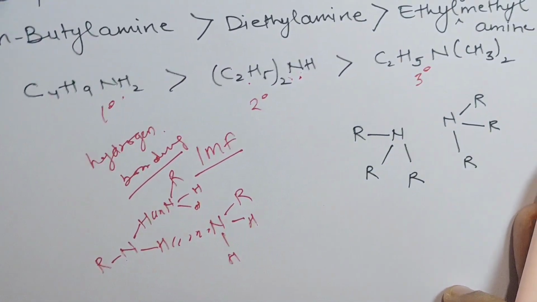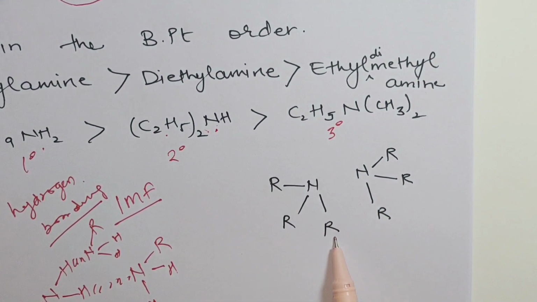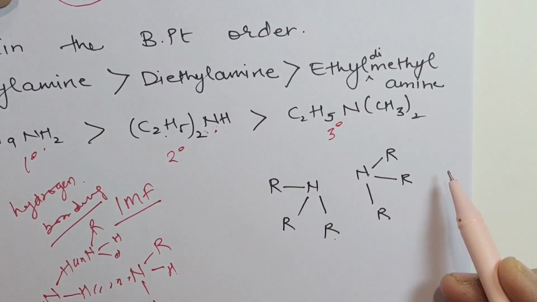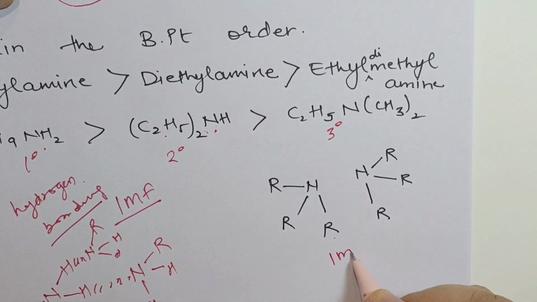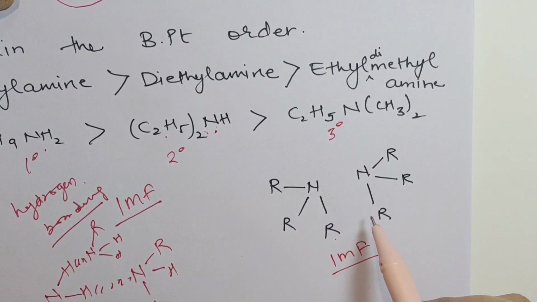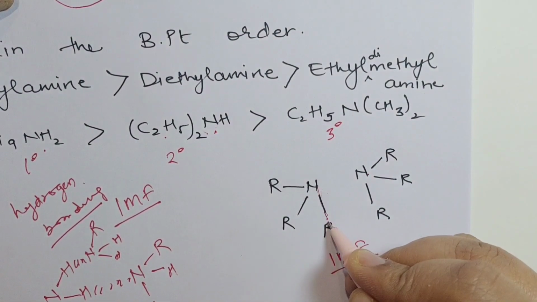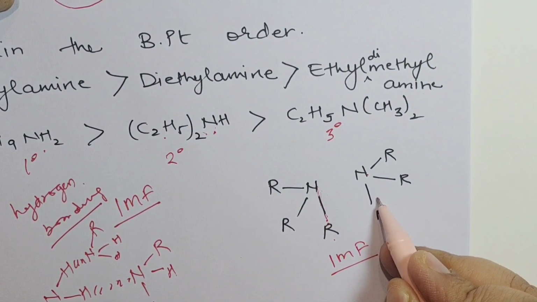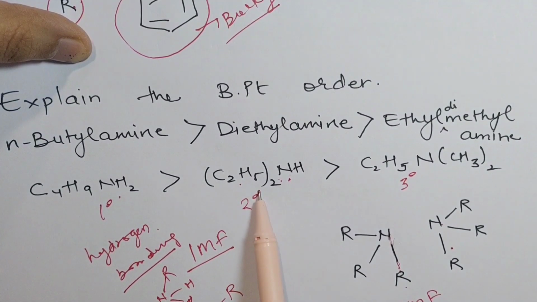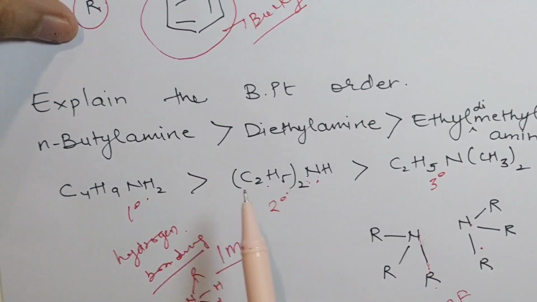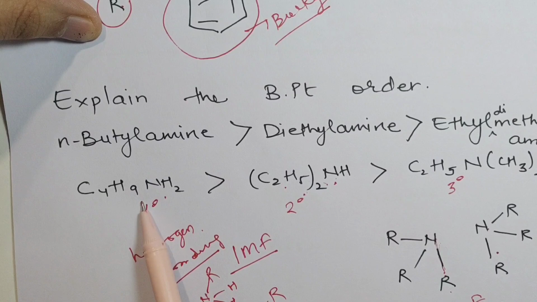In case of tertiary amine, there is no hydrogen, so hydrogen bonding won't be possible. The intermolecular force that would exist here would be dipole of this nitrogen-carbon bond, so the interaction here would be dipole-dipole. Interaction in secondary amine would be hydrogen bonding, but lesser in extent in comparison to primary amine.